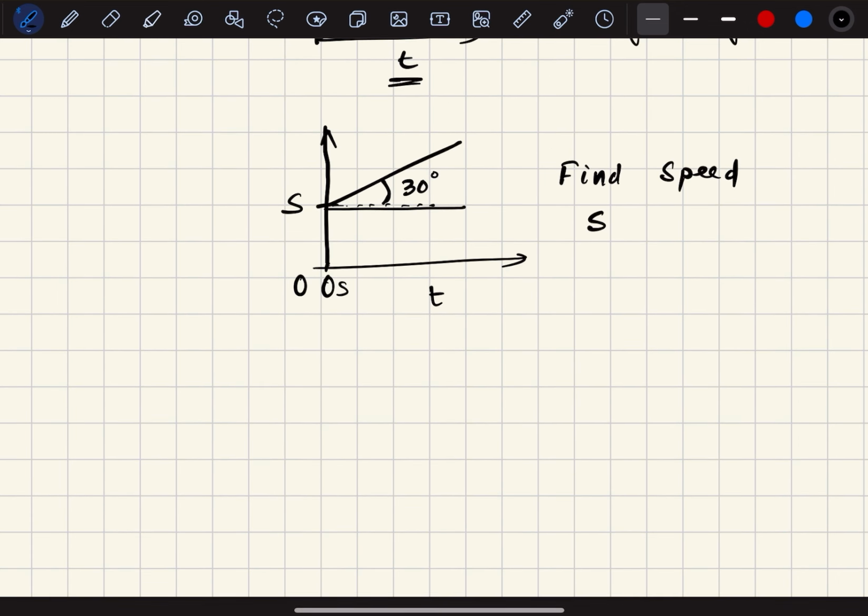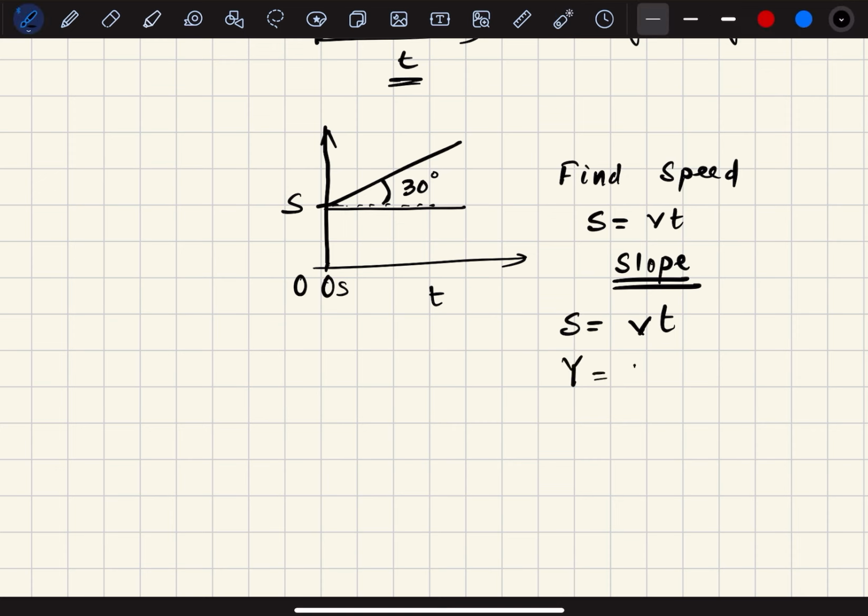So if s is equal to v into t, then we know the slope. How to find out this slope? Let us try it. s is equal to v into t. On the x-axis we have t, on the y-axis we have s. So I can write y is equal to m into x, right?